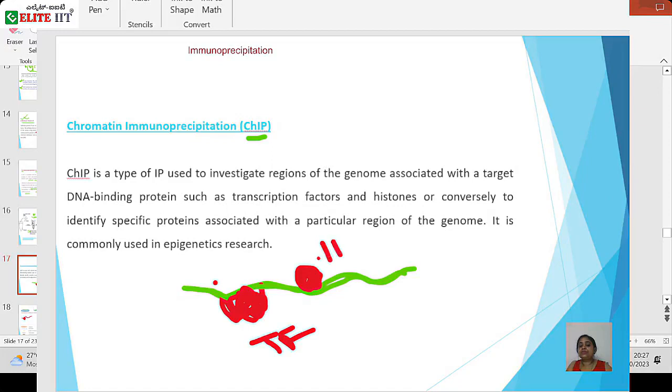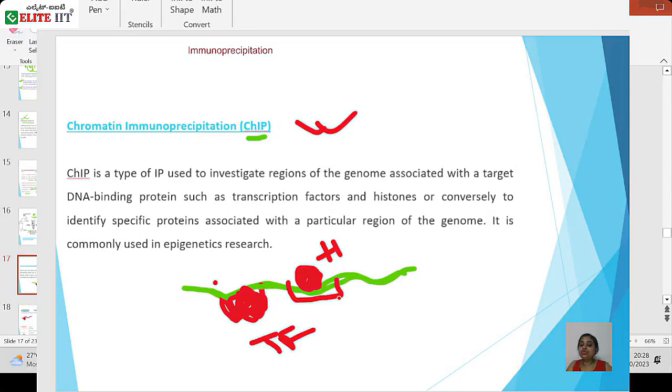In this process, we can sequence the part of binding of the protein with the DNA. That means you can identify the DNA binding domain. Here we are not mainly identifying the protein, though the same thing can be done, and the protein attached with the sequence can also be identified.